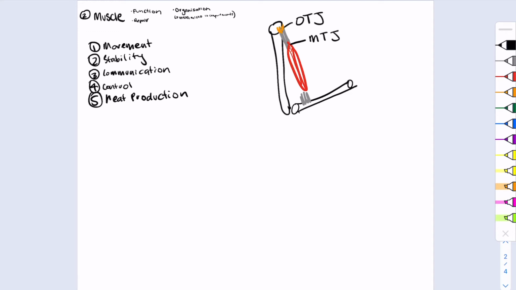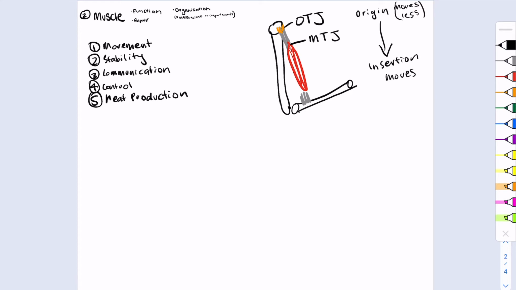Also, a note is there's an origin and insertion when we talk about muscles. So basically where the muscle's coming from and where it's going. Origin to insertion. And the general rule is the origin moves less. This one moves the most.